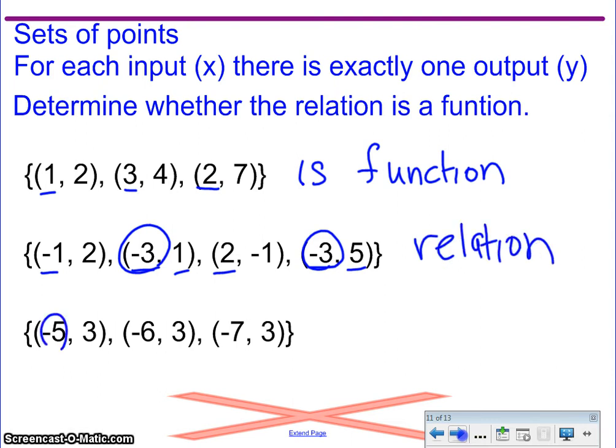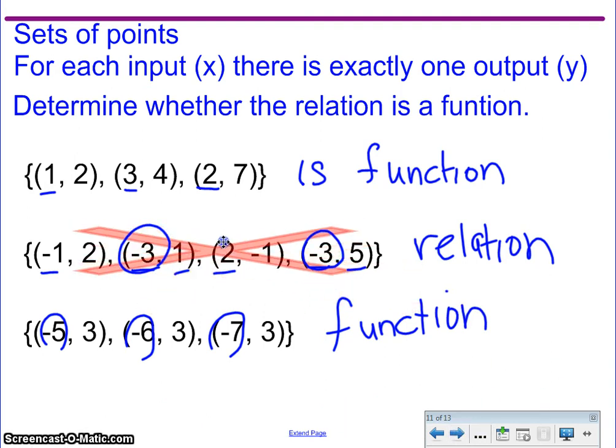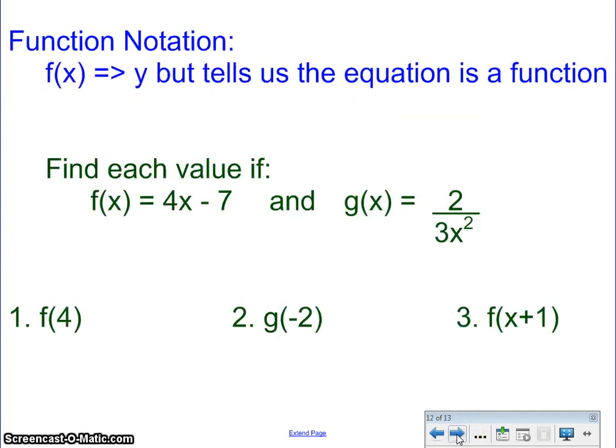Right here, -5, -6, -7. X does not repeat itself, so it is a function. And so the only one that is not a function is number 2. And this one I'm actually going to go through in class.